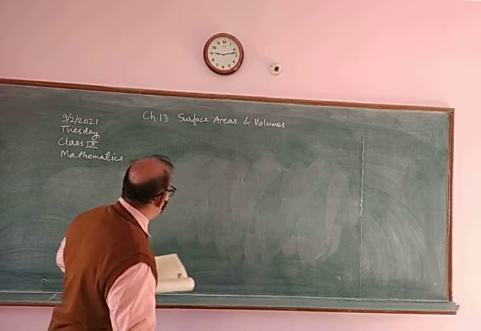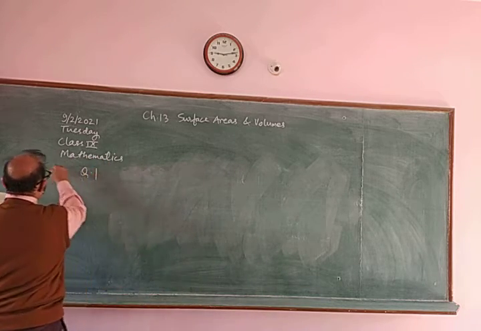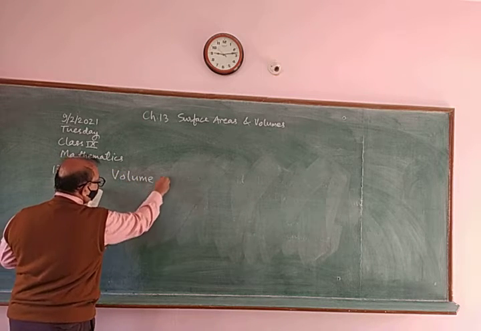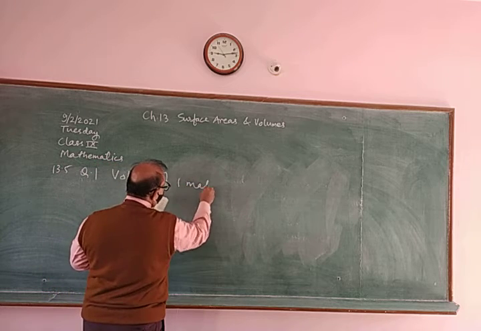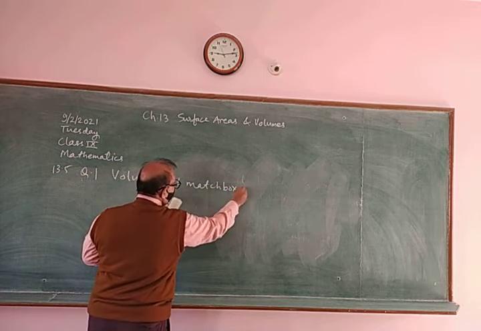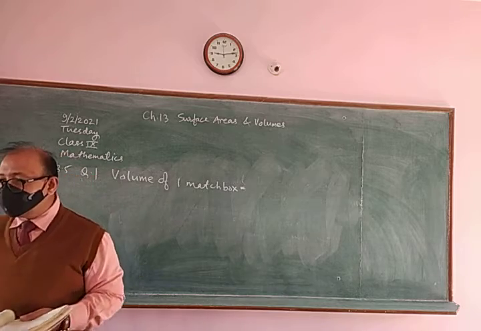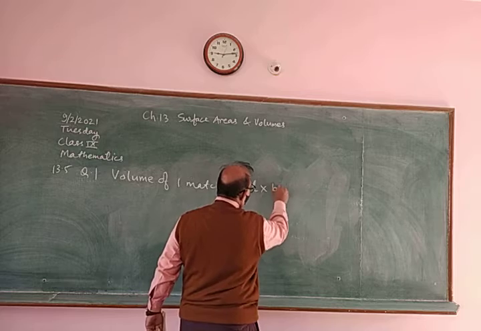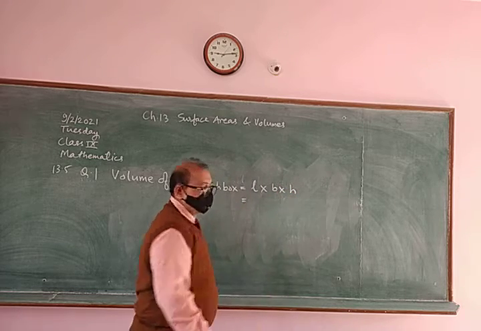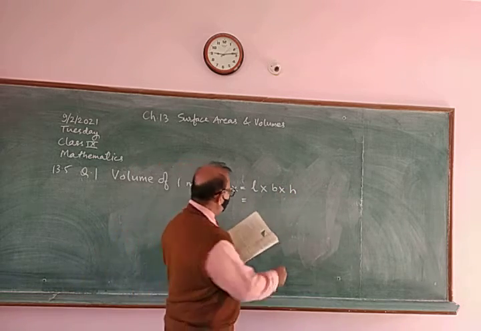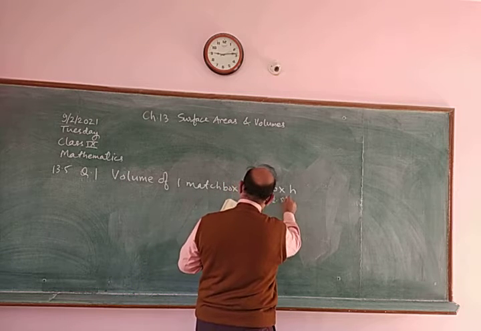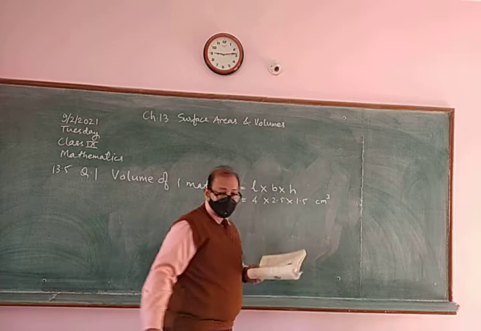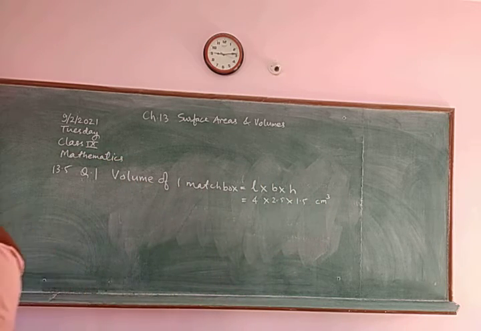So volume of one matchbox is equal to length into breadth into height, which is 4 into 2.5 into 1.5 cubic centimeter.